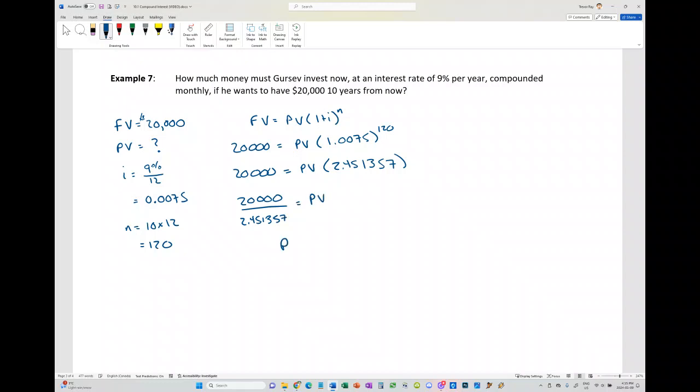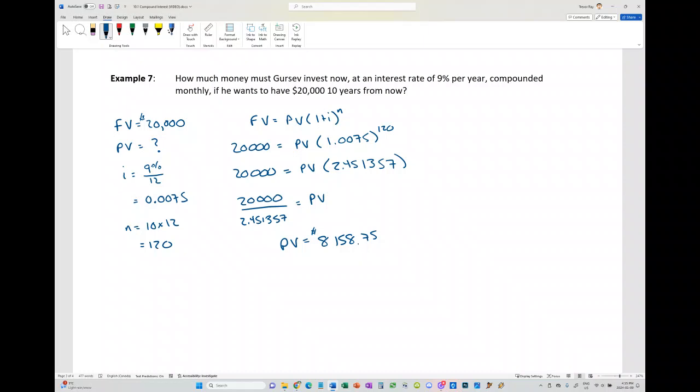All right, and once we do that division, it works out that we have $8,158.75. And by the way, I kept all the decimals in my calculator for the value of 1.0075 to the exponent 120, so it had a couple more decimal places.